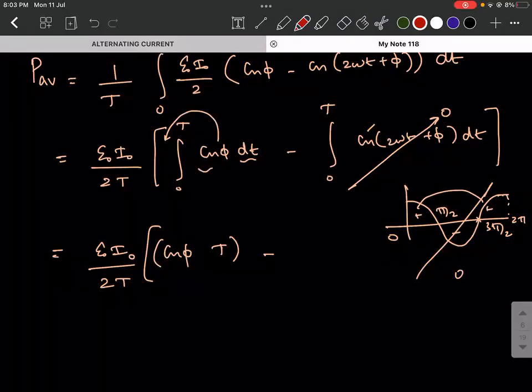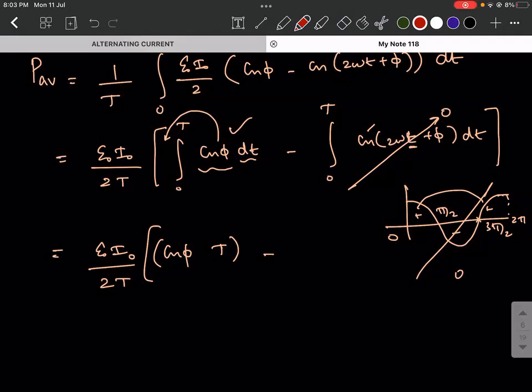Now you can ask me, sir, why didn't you cancel out cos phi and make it 0? If cos 2 omega t plus phi over a complete time interval 0 to T is 0, cos phi should also have been 0. But it is a constant, because it's not a function of time, whereas here it is a function of time.